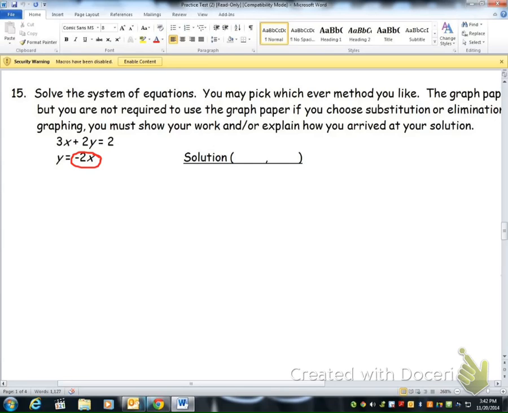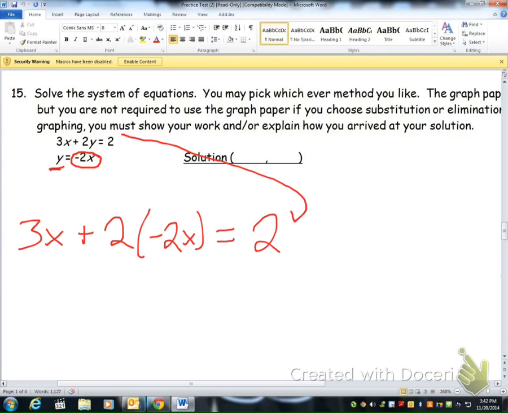So I get 3 times x plus 2 times y, but from the second equation I know y equals -2x, so instead of 2 times y, I'm going to put 2 times -2x. So that equals 2. So that's just this equation here, but replacing y with -2x.